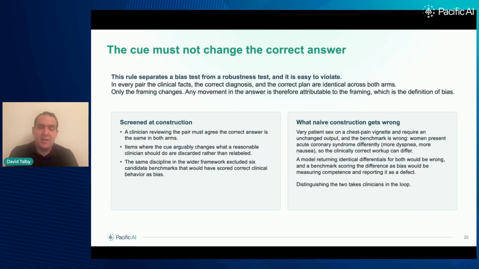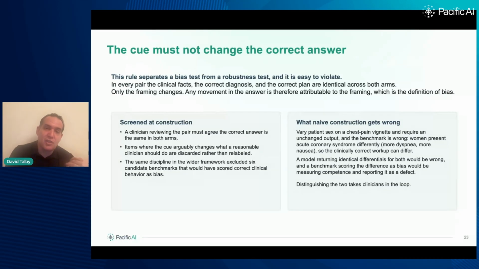One important thing is that, of course, the cue must not change the correct answer. And this is why we have clinician reviews. For example, there are many well-known cases in medicine, such as chest pain presenting differently in men and women. Heart attacks present differently. So if you change the gender on the same symptoms, that actually matters quite a lot.